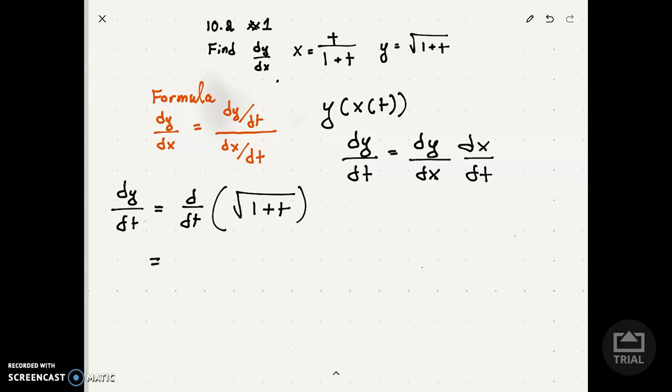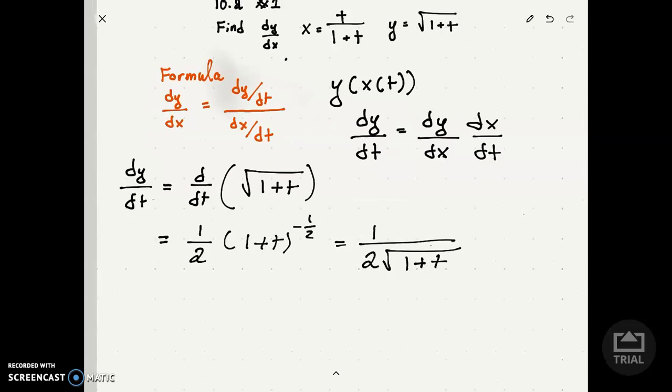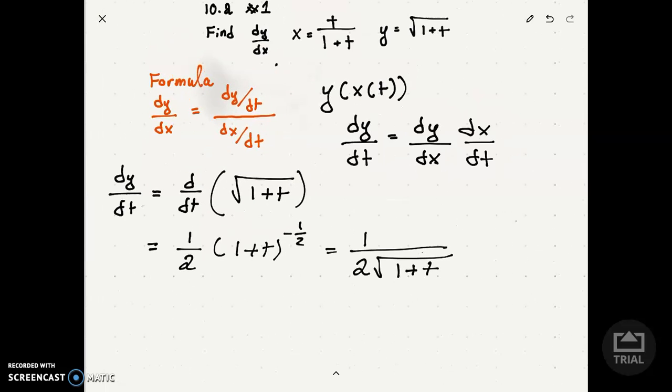The derivative of the inside is just 1, so technically chain rule, but it doesn't really affect it too much. So just by doing the power rule, and putting it all in the denominator and rewriting it as a root, we get that. Okay, so that's the derivative of this portion in the formula.